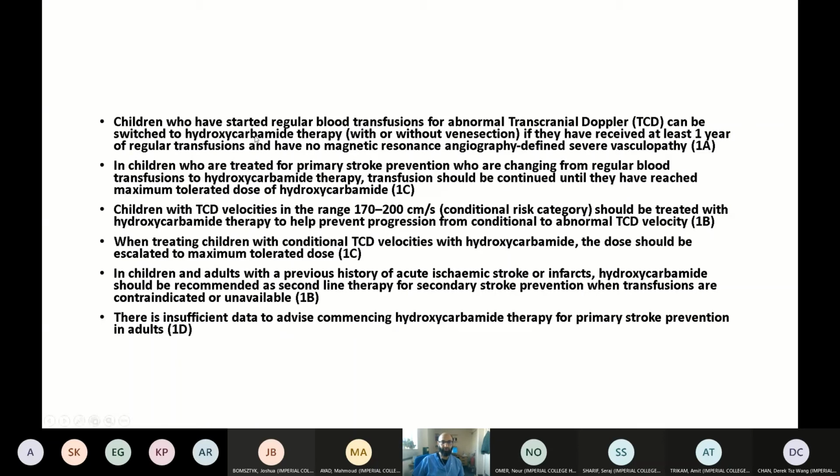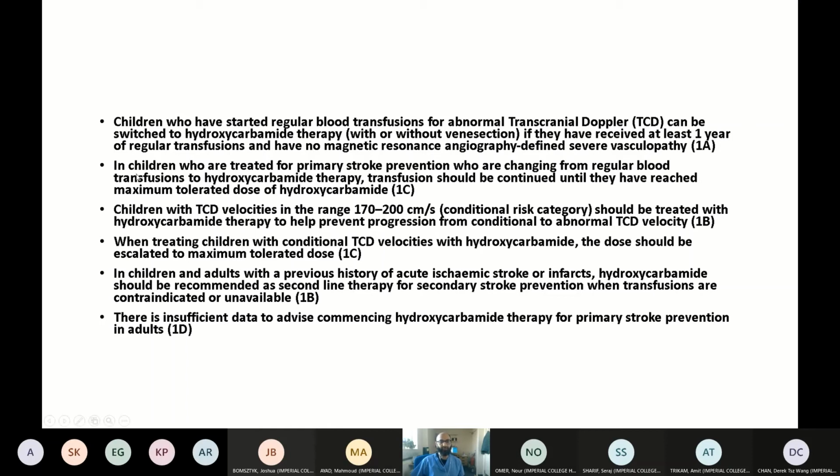Just going back to children, one of the main indications previously for transfusions over hydroxycarbamide has been neurological complications of sickle cell disease, stroke, or high transcranial Doppler measurements, which we know is associated with a high risk of stroke.